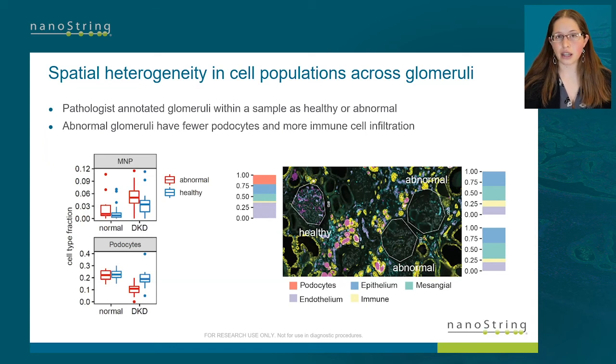And you can see that although these glomeruli are right next to each other, they actually are very different transcriptionally and have very different cell type profiles. So the abnormal ones have completely lost their podocytes and have more immune infiltration than the healthy looking one.